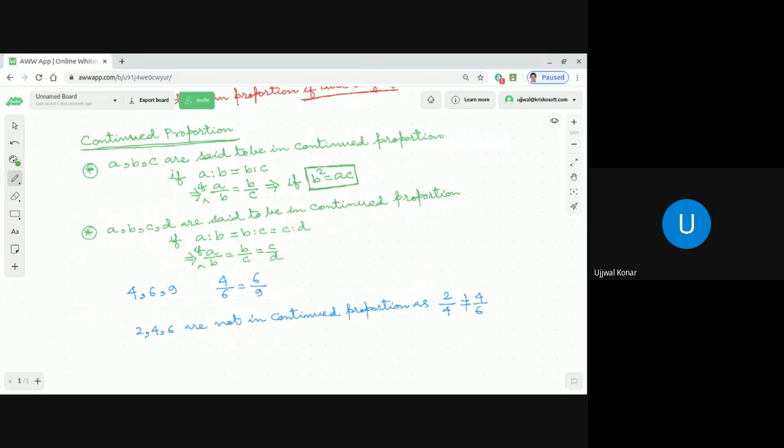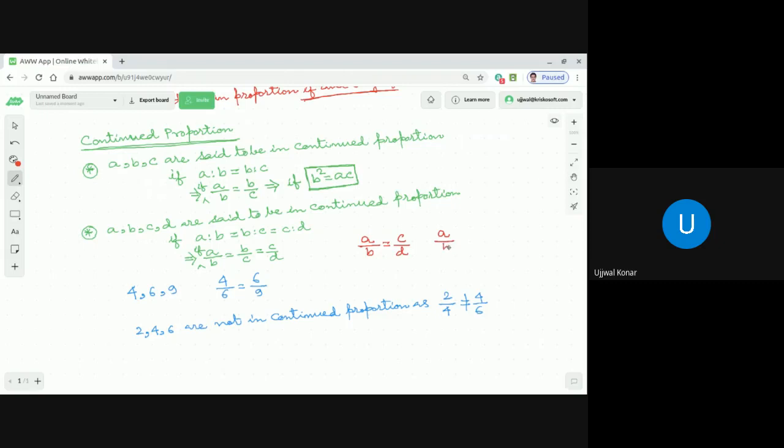What I'm saying is that in the normal case, what we discussed previously, in proportion, four terms, A by B should be equal to C by D. They are in proportion. Where B and C, we are now clubbing together. So what happened?